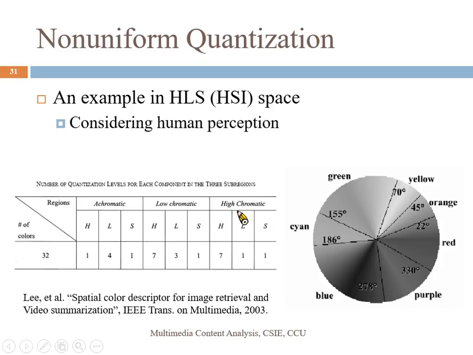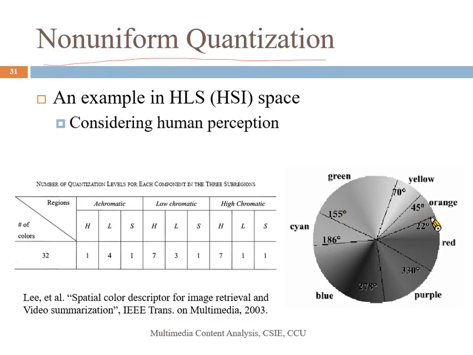In the previous slide, we quantized, for example, the red color channel into 4 equal-sized ranges. But actually, human perception is not uniformly divided. We may be more sensitive to some specific color ranges. So there is also research working on non-uniform quantization.